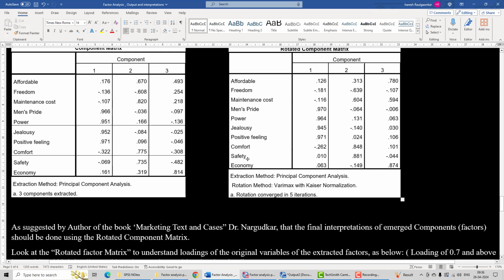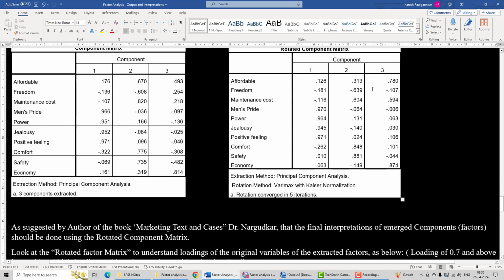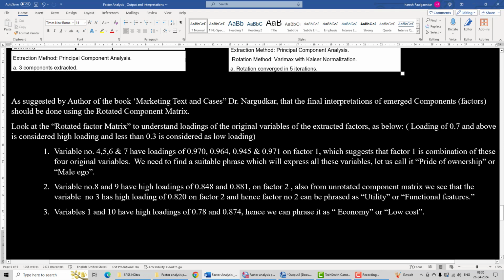So these two, comfort and safety, form our second factor, and the author has given it the name functional features or utility. And the third one, if you see, affordable is 0.780 and economy is 0.874. So these 2 will constitute our third factor, and we can call it low cost or economy.